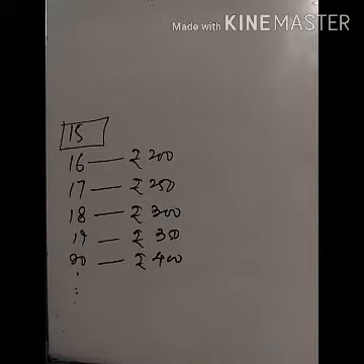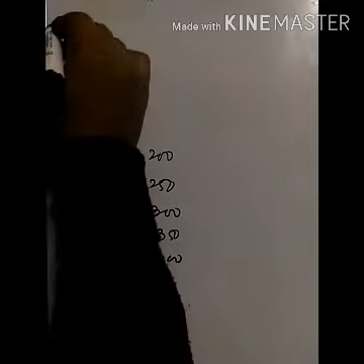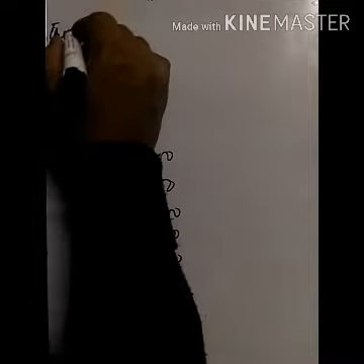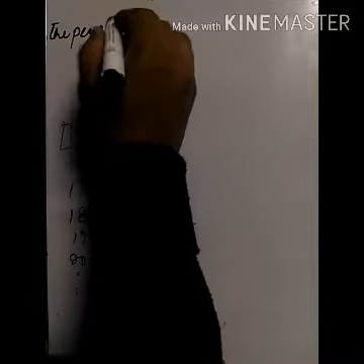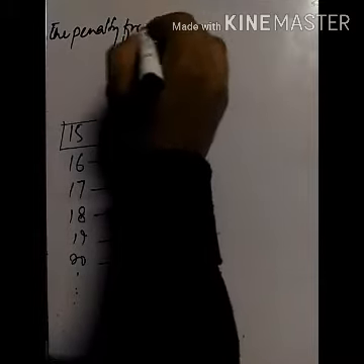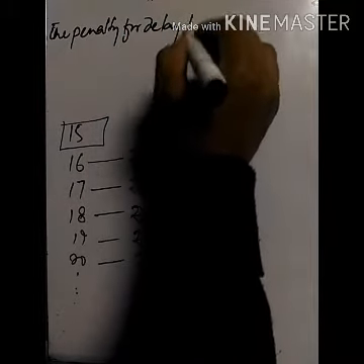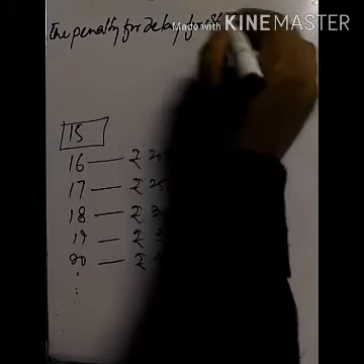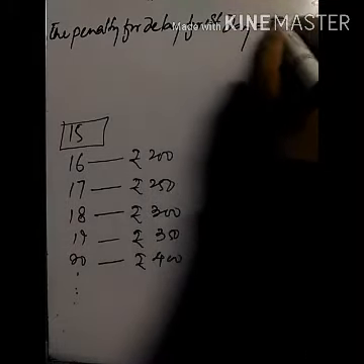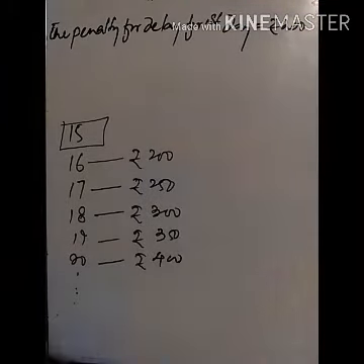But the question is asking, if this contractor delays for 30 days, then how much amount he has to pay as a penalty? That's the question. So let me write here. The penalty for delay for the first day is equal to rupees 200.